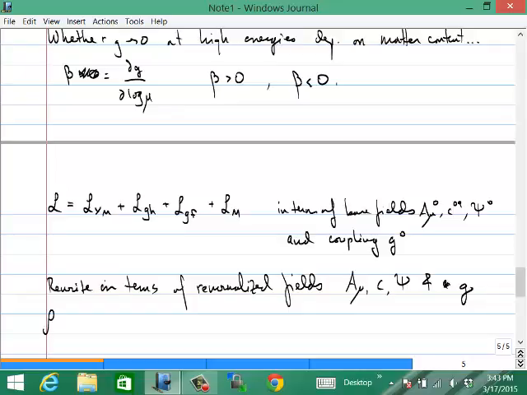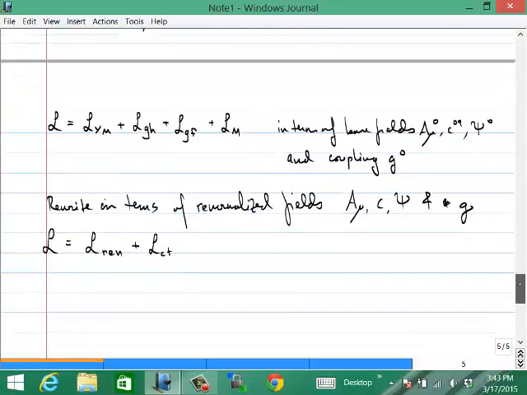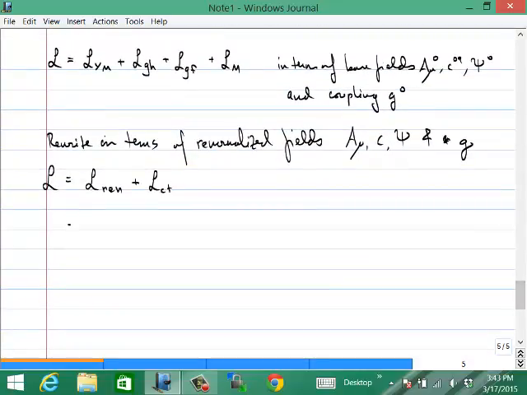And when we do that, you get the action in terms of the renormalized fields plus some counterterm action. And it's probably worth writing this all out a little bit more explicitly in the case of Yang-Mills theory.